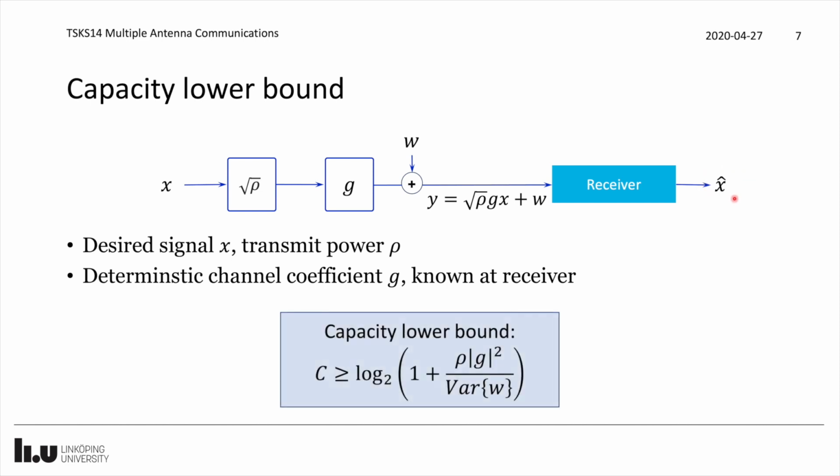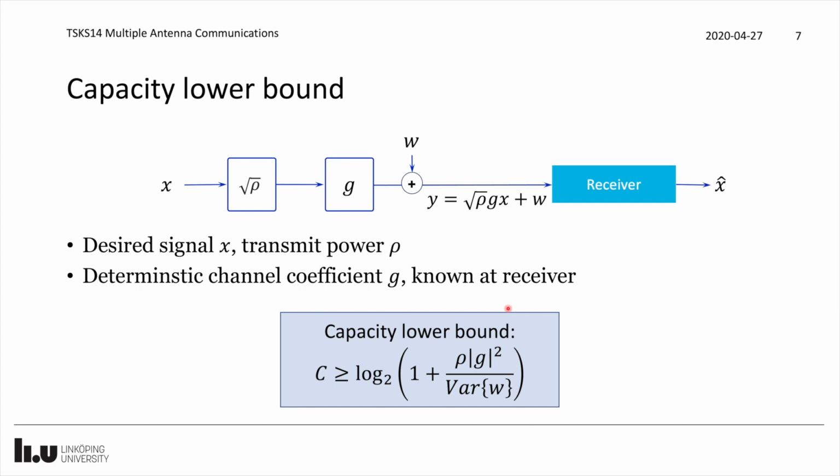And then we talked about in the previous video that the capacity lower bound that we can achieve in this case is that the capacity is greater or equal to log2 of 1 plus a signal-to-interference-and-noise ratio, which is like taking the transmit power rho, taking the absolute value squared of the channel coefficient G, and then dividing by the variance of this term W. And we have equality here when W is complex Gaussian and independent of x.